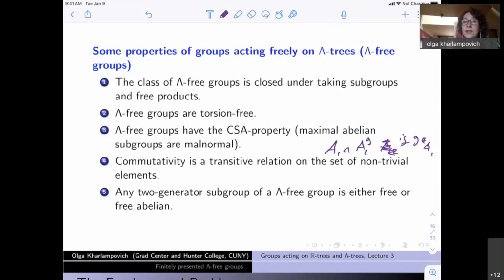Now, commutativity is a transitive relation on the set of non-trivial elements. This is basically what it means, that the centralizers of elements are commutative, are abelian.